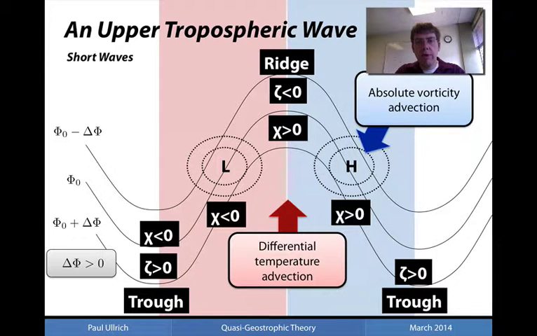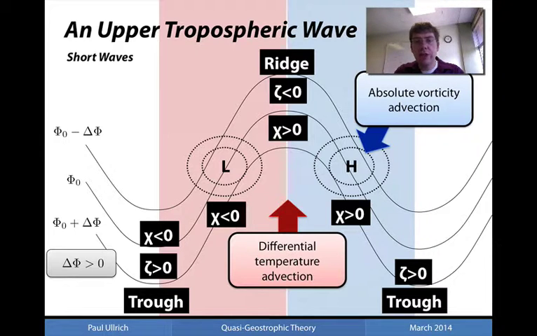So if we look at the quasi-geostrophic geopotential tendency equation now, recall that there are two major terms driving the geopotential tendency. We have a propagation term, which is associated with the advection of absolute vorticity, and we have an intensification term, which is associated with differential temperature advection. So at the crest, we have positive differential temperature advection as warm air is being propagated northwards within this region, leading to a positive geopotential tendency and hence intensification of the ridge.